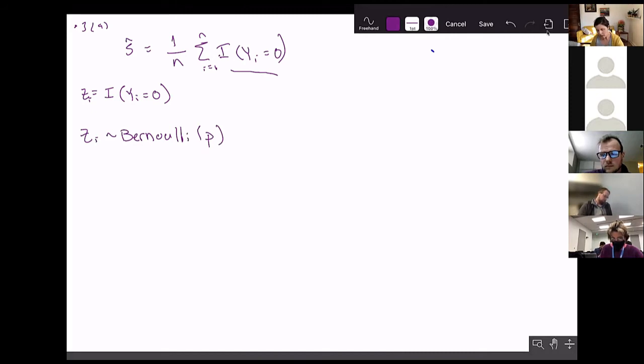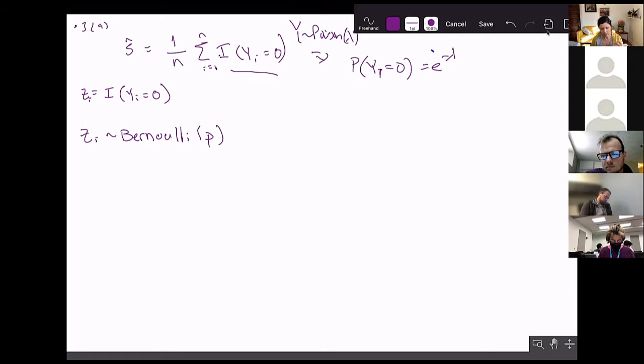The other piece of this problem is that we know y follows a Poisson distribution. And we're also given that the probability of y1 equals 0 is e to the negative lambda, which you can calculate from that Poisson distribution.